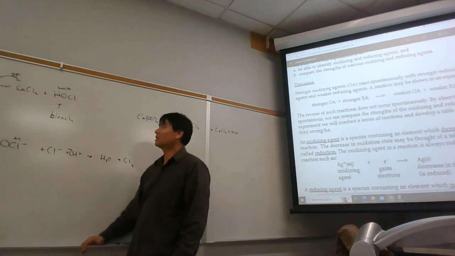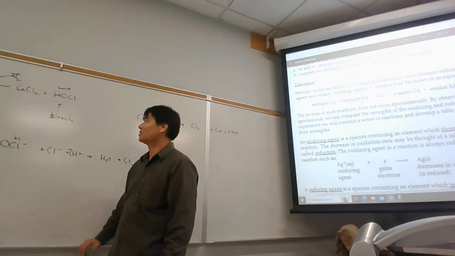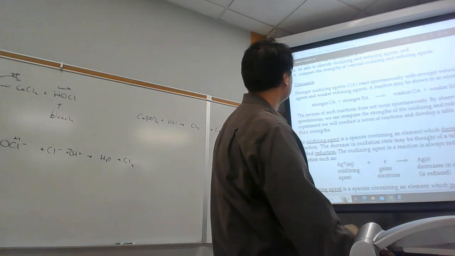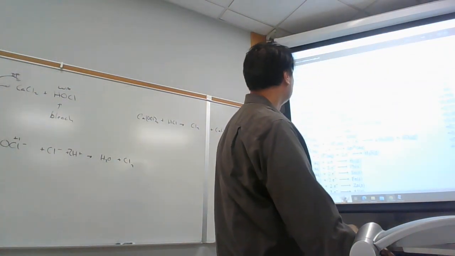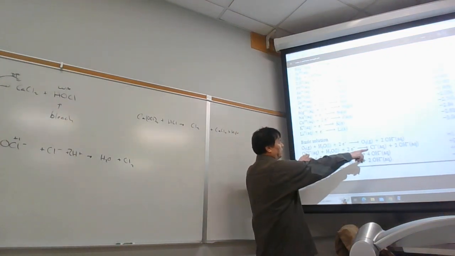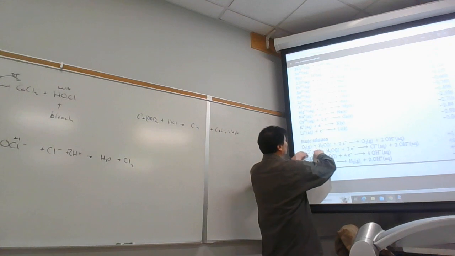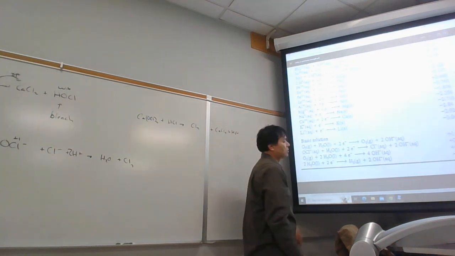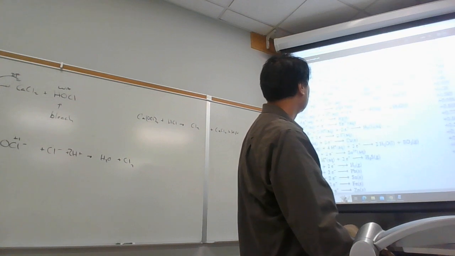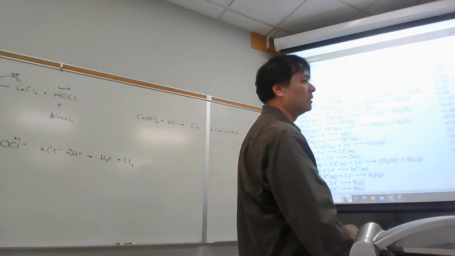In fact, we could predict this one using the chart, because hypochlorite is on our chart here at 0.89 volts, so we'll have to rank it up there. And chloride is on our chart. The reactions between hypochlorite and chloride, so chloride's up here.